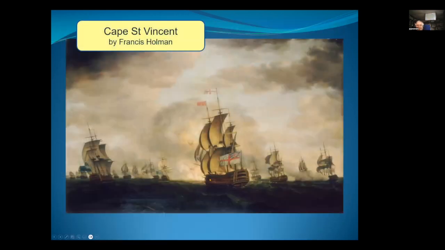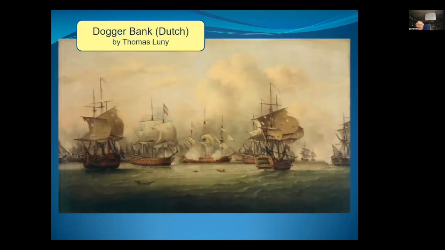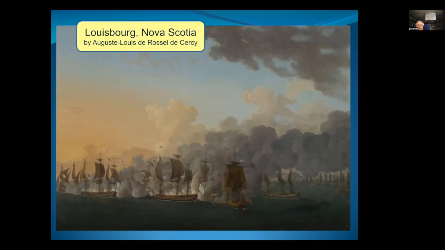So here's another painting, and it shows another battle near a place called Cape St. Vincent. And this one happened in 1781. And there was a battle near something called the Dogger Bank, and this happened in 1780. And there was a battle near Louisburg, Nova Scotia, and this happened in 1780.